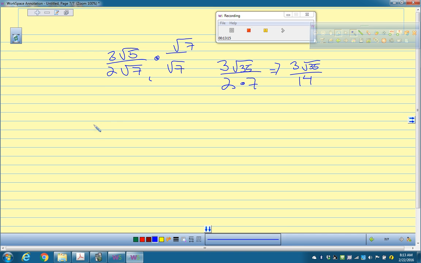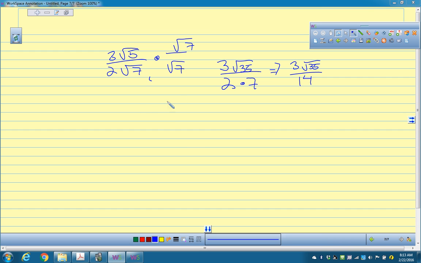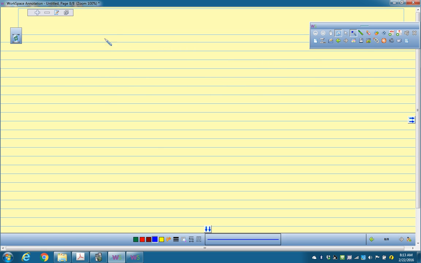For some reason, they also have you rationalize the numerator. I'm not sure why you would want to do that, but in this book, they ask you to rationalize the numerator, which basically you do exactly the same thing, except you want to get rid of square roots in the top.